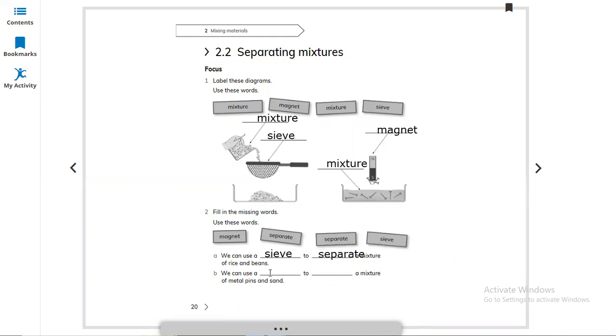We can use a dash. We can use a magnet to separate a mixture of metal pins and sand.